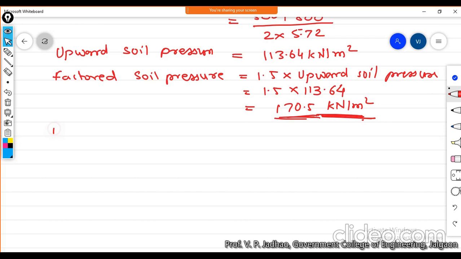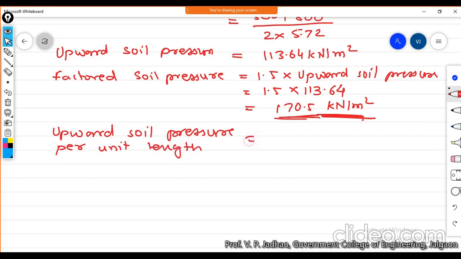Therefore, the upward soil pressure per unit length is equal to factored soil pressure multiplied by width of our footing.